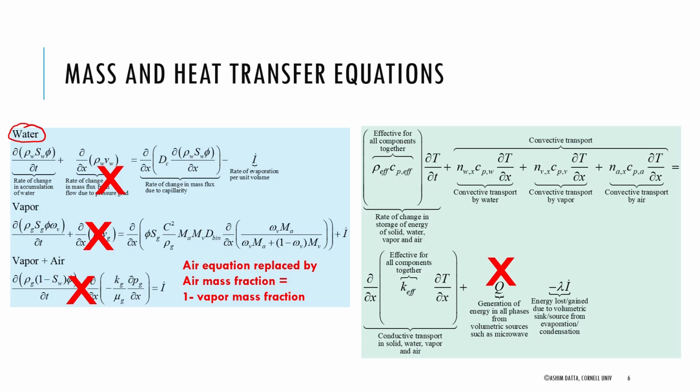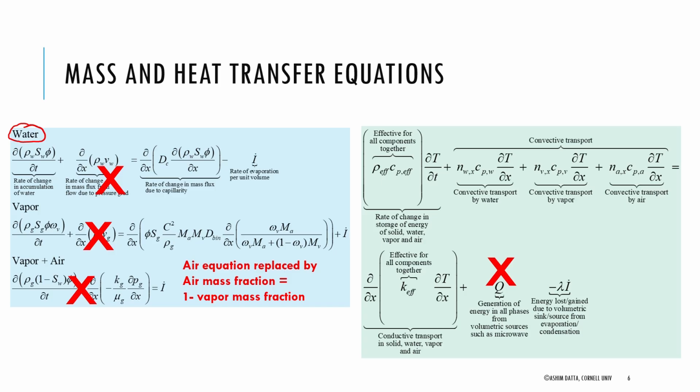So this is in our theory section, and under the theory section you can look into the equations for porous media. So here we're just sharing those equations and customizing those equations for air drying.